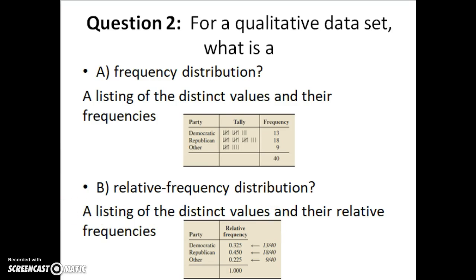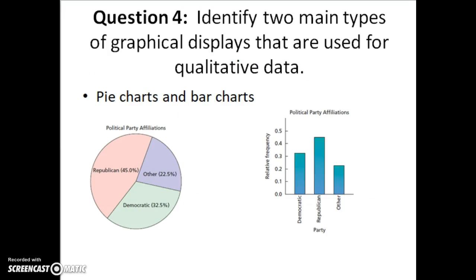We use this relative frequency distribution for the graphical displays. So what are the two main types of graphical displays for qualitative data? One of them is pie charts and the other one is bar charts. For both of them you use relative frequency.